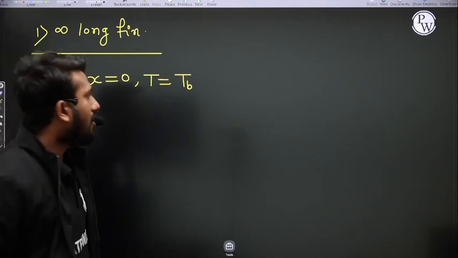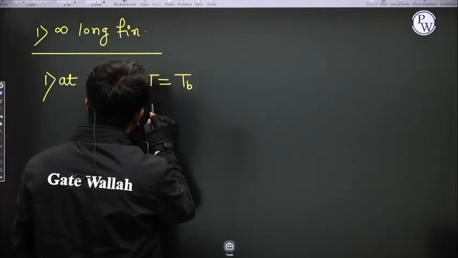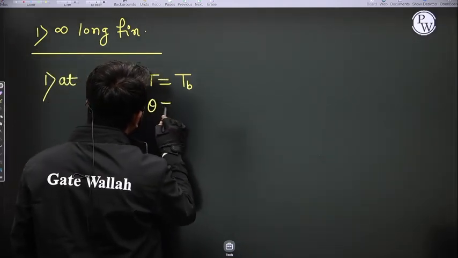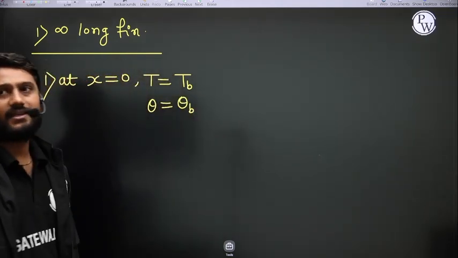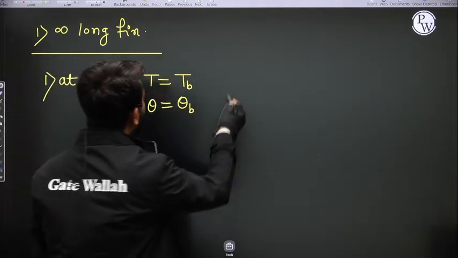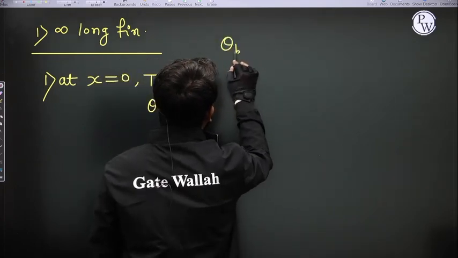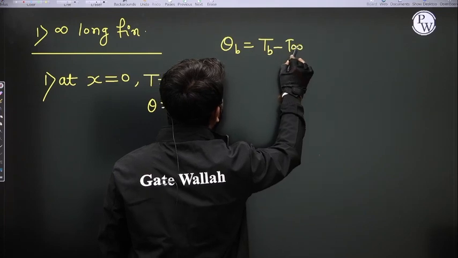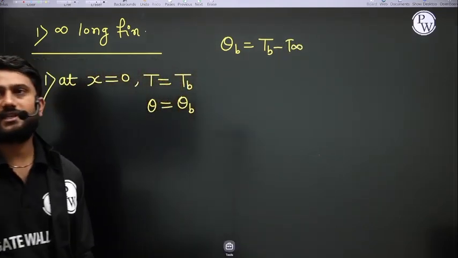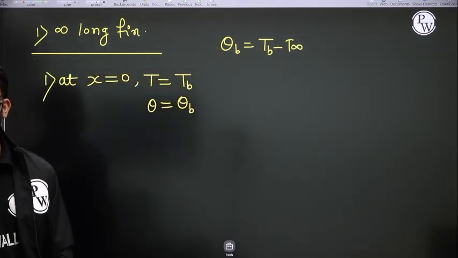Or I can write at x equal to 0, theta is equal to theta B. And what is theta B? That is TB minus T infinity.